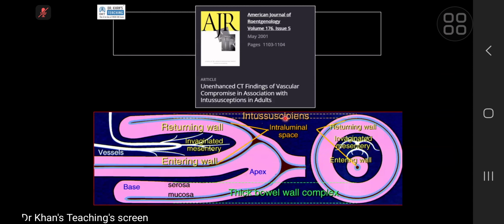And if you want to read a very old but very good article on the radiology of it, this is from AJR 2001. You can see that this is the entering wall, and then there is a returning wall, and this is the outer wall. And you can see how the mesentery also invaginates into it.